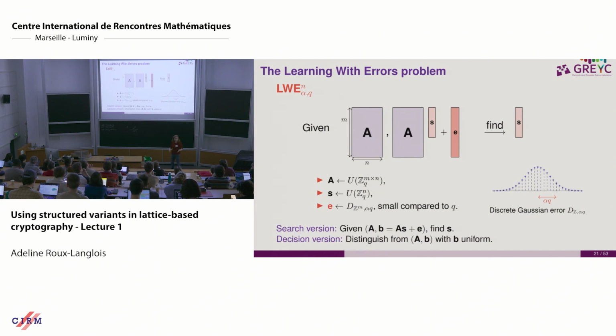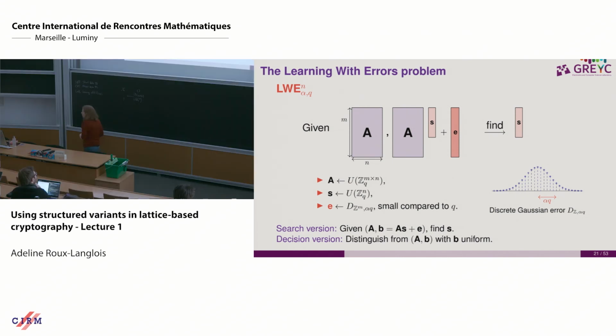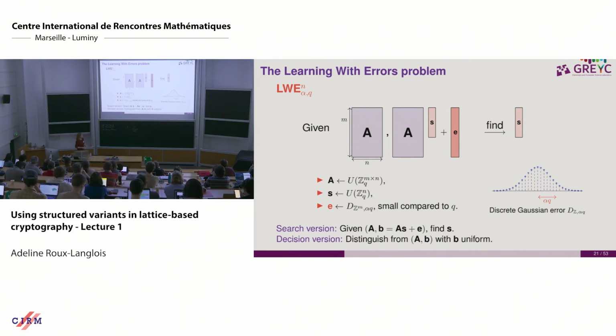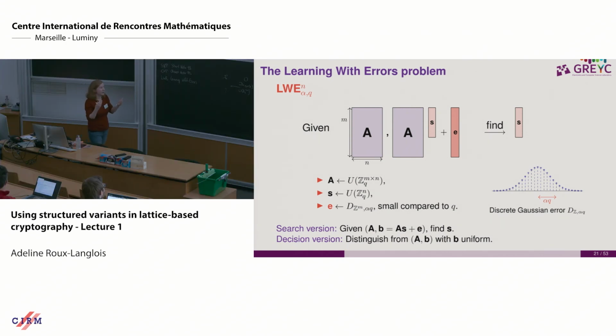So it's a hard problem, but it's not interesting because you lose the information on the secret. So the choice of the noise, of the error, is very important here. And we don't choose a Gaussian distribution just like that. We choose it because it's an interesting one where we can prove that it's a hard problem.